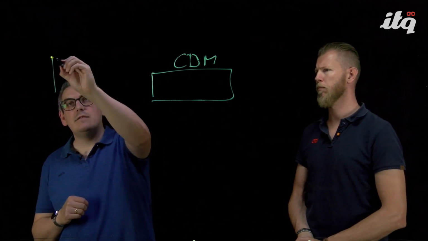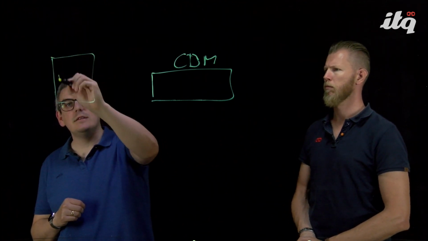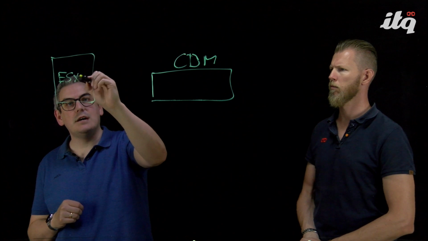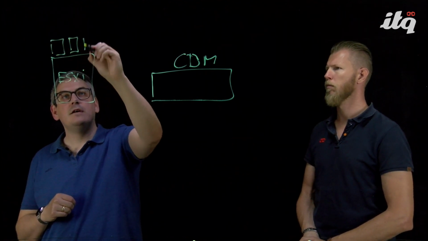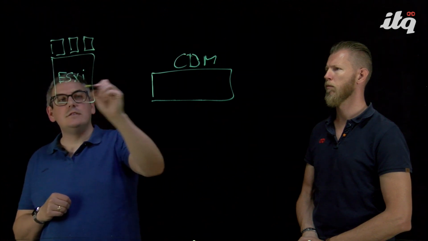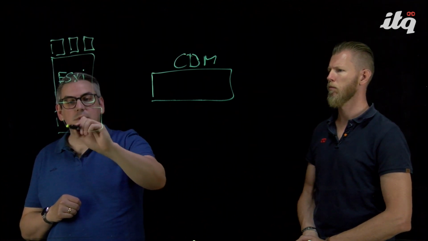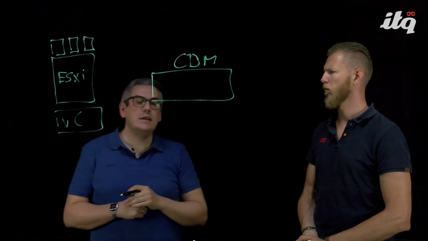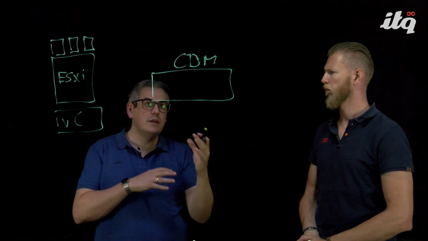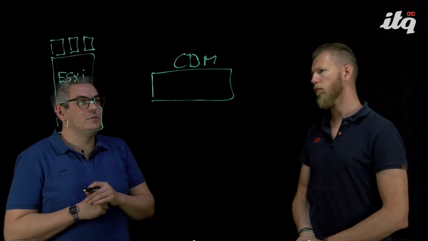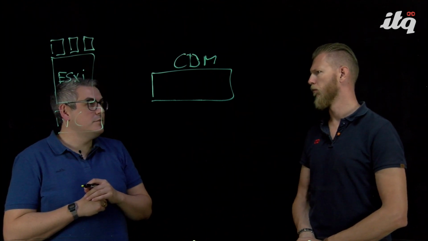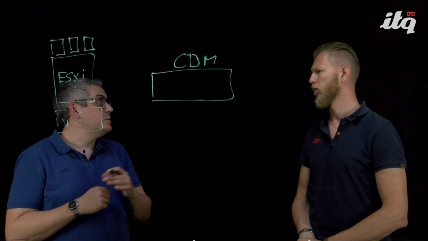If you then look at the source that we want to protect, let's say it's an ESXi server with a bunch of virtual machines on top of it. And then you have your vCenter server, of course, which is managing it. So the idea is that on the front end and on the back end, we always want to do API-based integration. So we want to consume the APIs of the third-party vendors as much as possible.